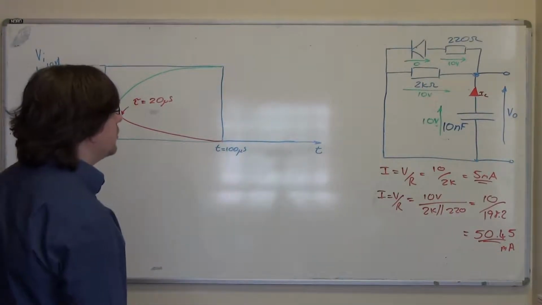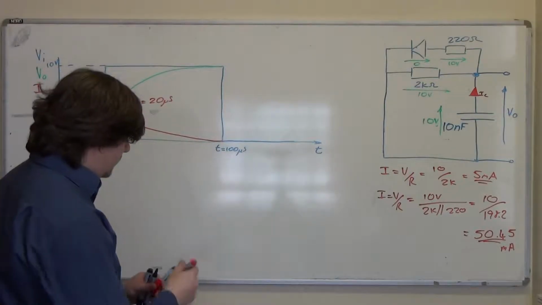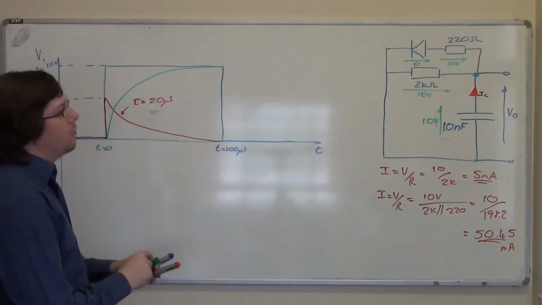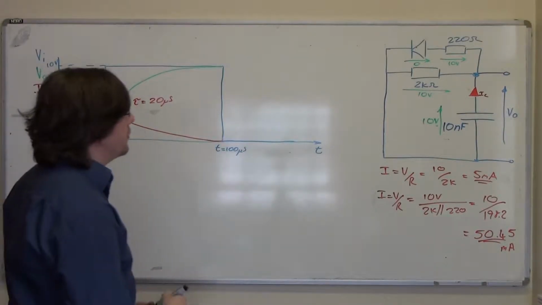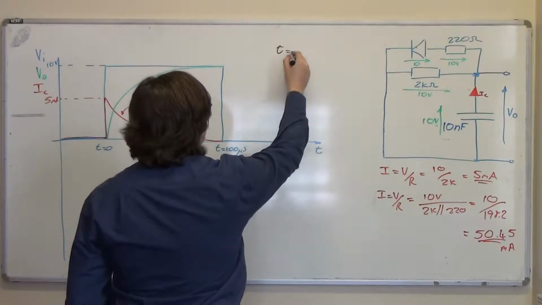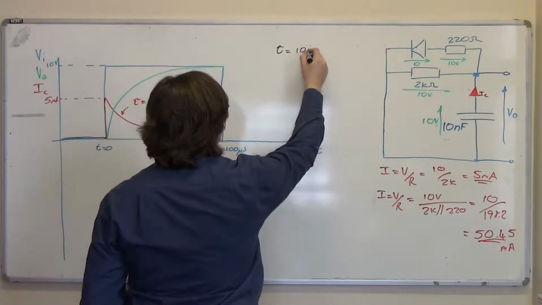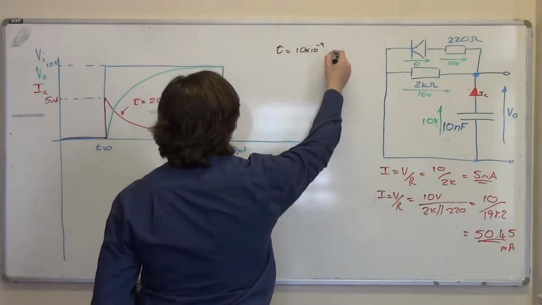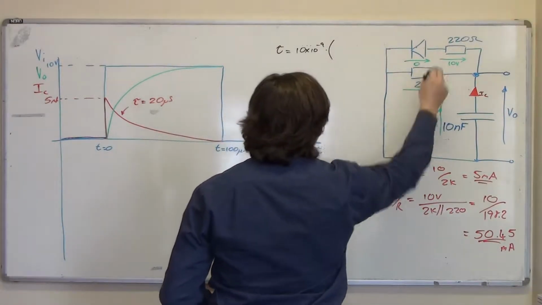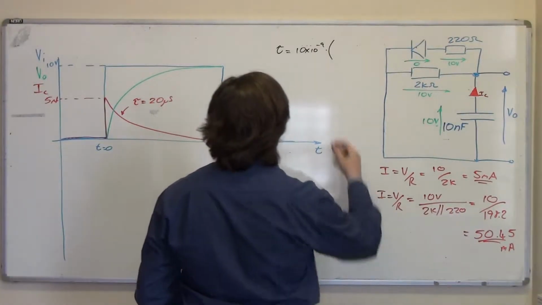The other thing we need to worry about is the time constant. So in the case of the circuit in its new configuration, the time constant will be tau is equal to the 10 nanofarads times the parallel combination of the 2K and the 10K, which is 198.2 ohms.